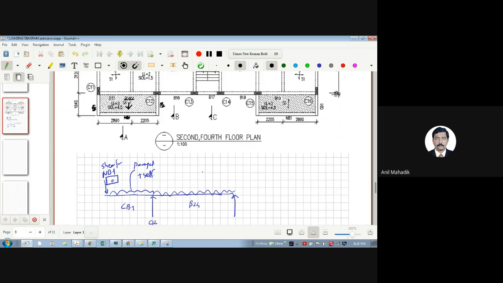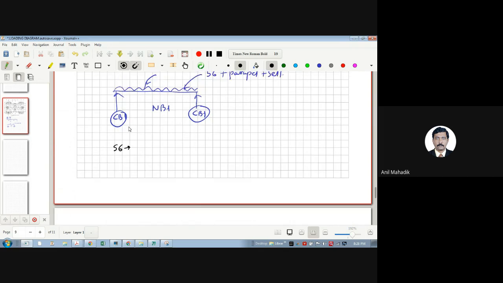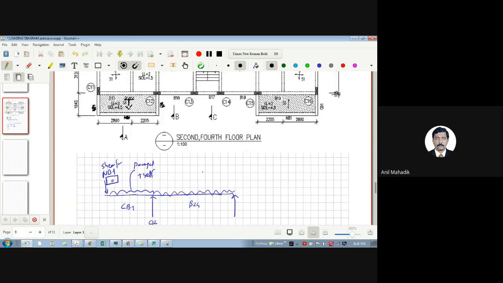So I need to calculate the load of S6 first. So what loads will come on S6? S6 has the load of sunk, tile and screed, and live load.